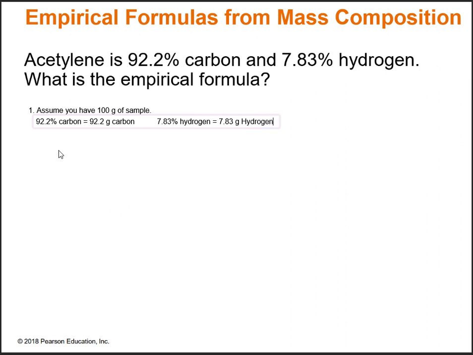Now we can work with grams. The second thing that we have to do, just like before, is find the number of moles of each element using the molar mass.